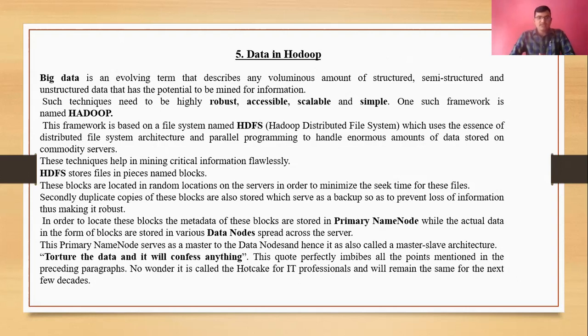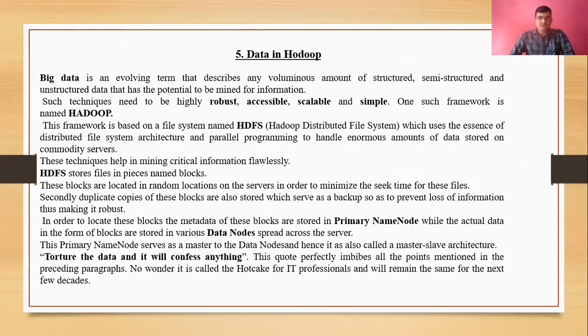In order to locate these blocks, the metadata of these blocks is stored in the primary name node, while the actual data in the form of blocks is stored in the various data nodes spread across the server. This is the primary name node.